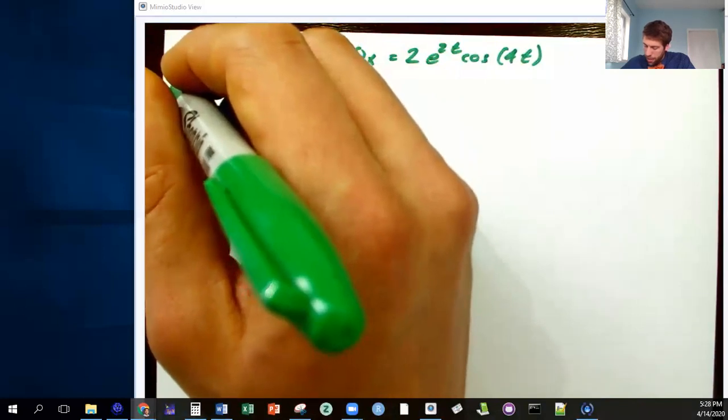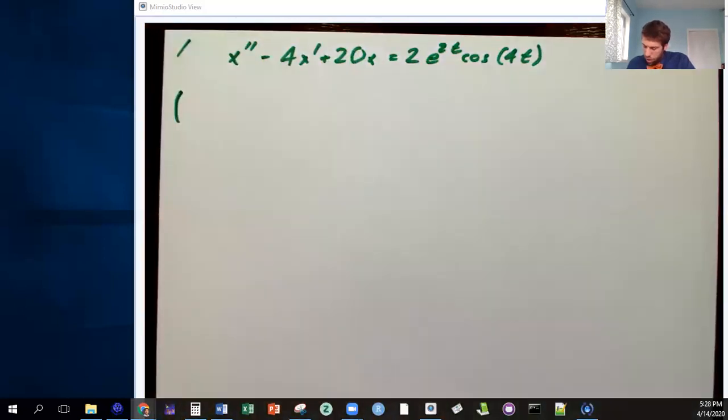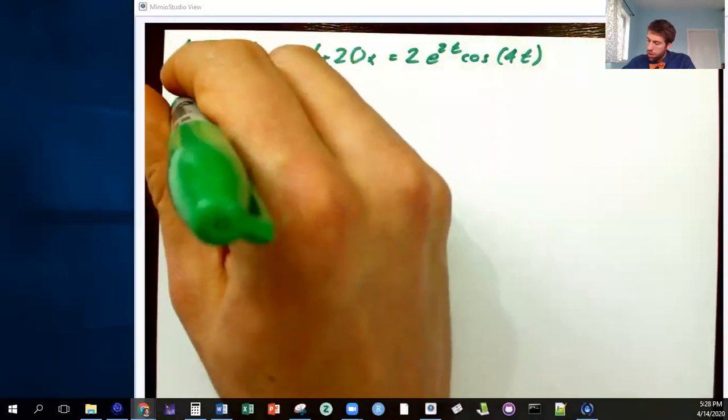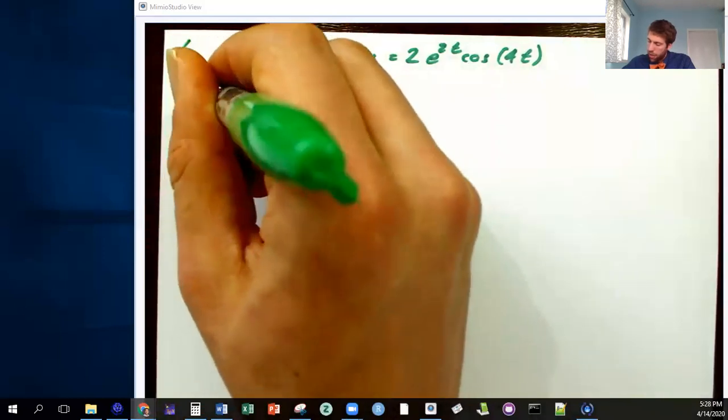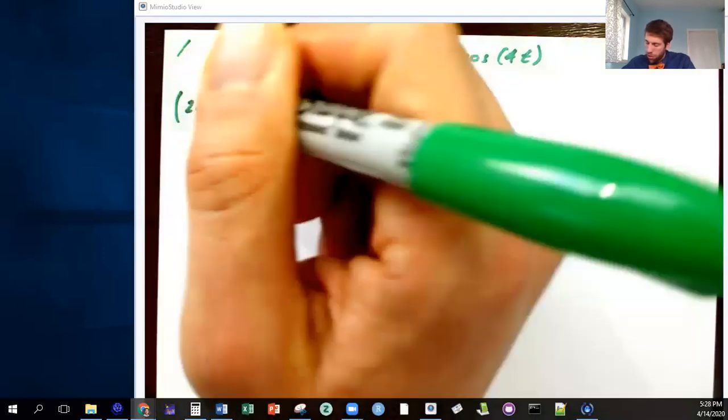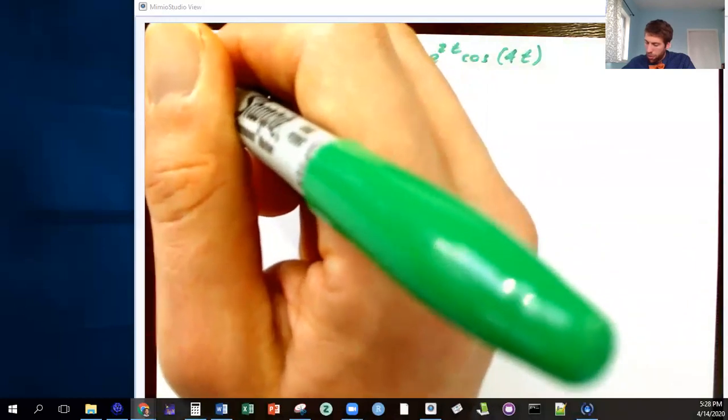And where else does that term show up? E to the 2t cosine 4t, yes. So it shows up with a 2a and then 3 lines later 4b. So 2a plus 4b.